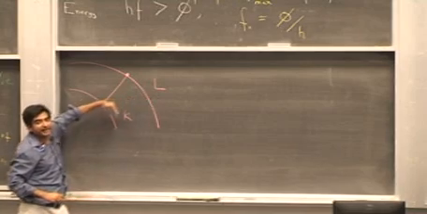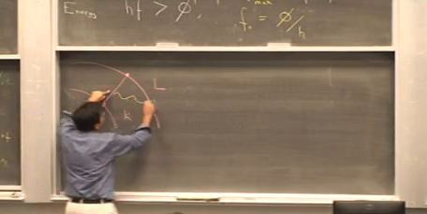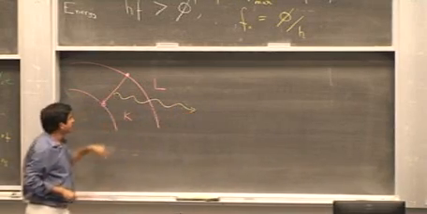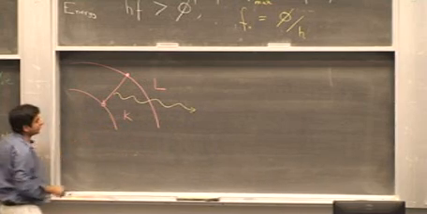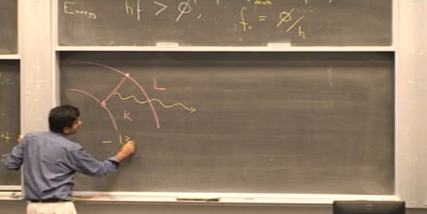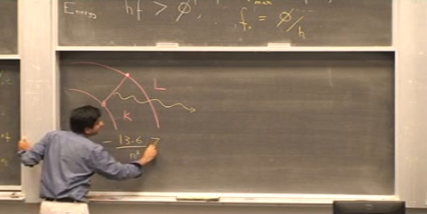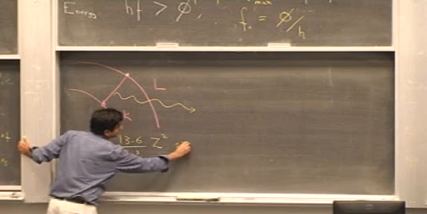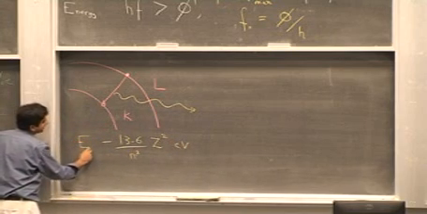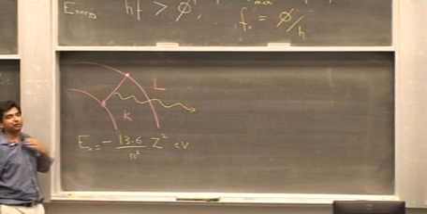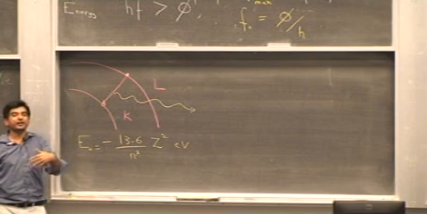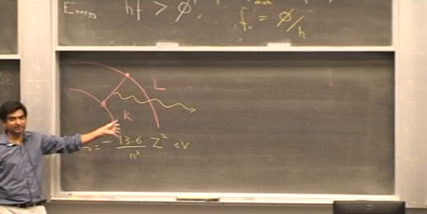Electron falls down from the L shell to the K shell, a photon is emitted, right? Now what's the energy of the electron in the K shell? It's minus 13.6 Z squared over n squared electron volts. This is the energy in the nth shell. Okay, assuming that Bohr's model for hydrogen applies to these complicated systems as well.